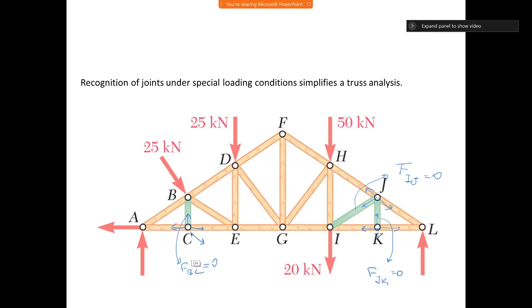That is correct. But since there is no load acting at point C, the force in member BC is 0. So this is 0, that's fine. And at node B, yes, there is a load here, so there will be forces in all these members. Okay, and we can discuss more details in the discussion section.